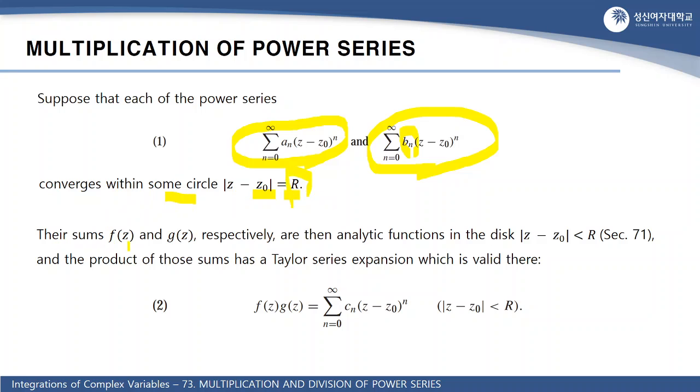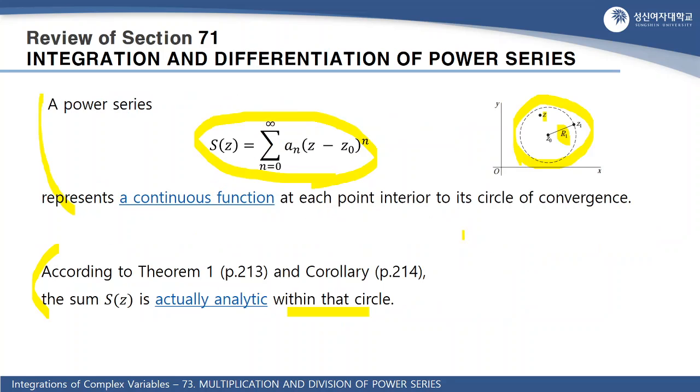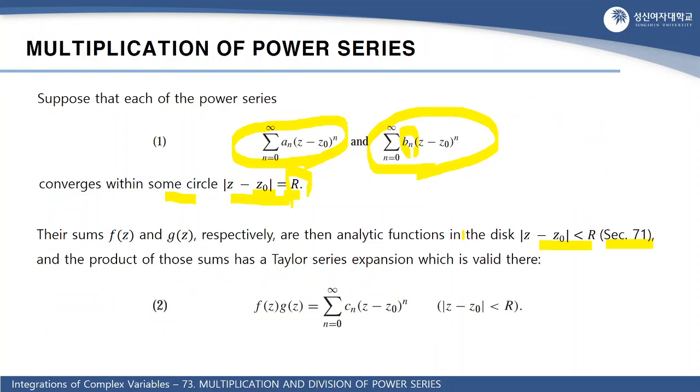Their sums f(z) and g(z) respectively are then analytic functions in the disk defined by this, because in section 71 we learned the theorem and corollary we just reviewed.